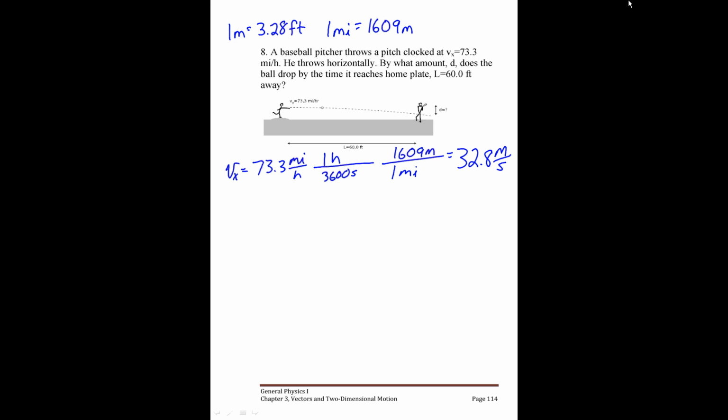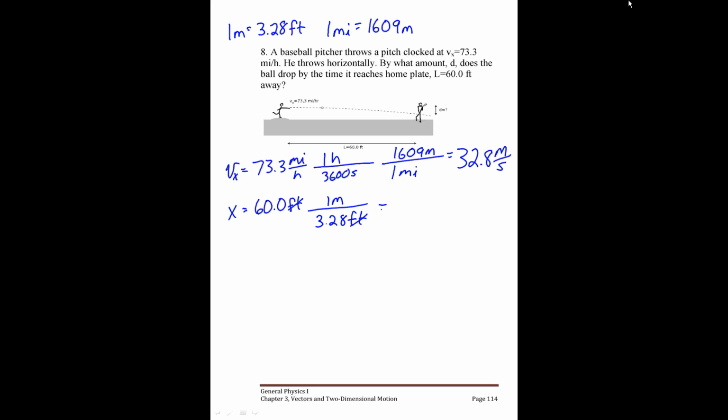Remember, we sort of had this reference of 45 meters per second is 100 miles an hour. So this is about 33 meters per second. I also want to convert my x, which is 60.0 feet, to meters. So I have 3.28 feet in 1 meter.